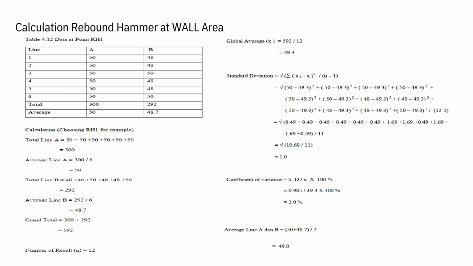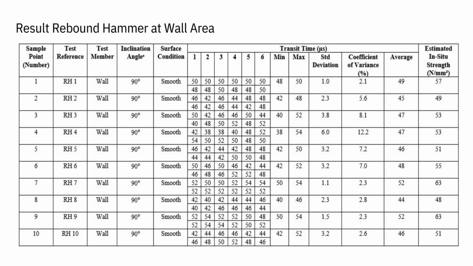So this is our calculation from the wall. I take it from the wall for the rebound hammer. As we see, I have marked the numbers at the surface area of the reservoir.